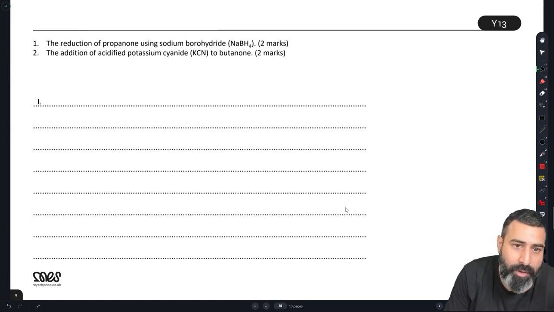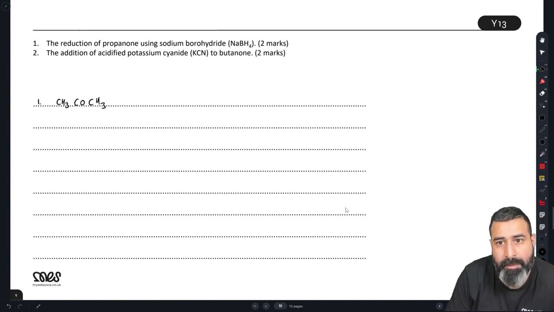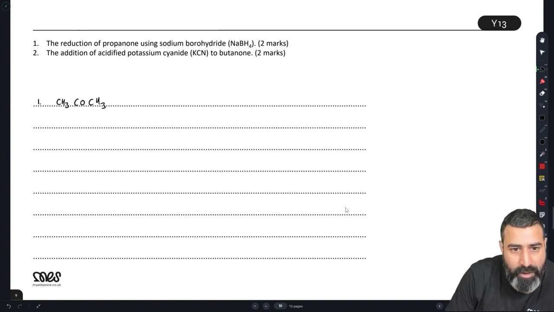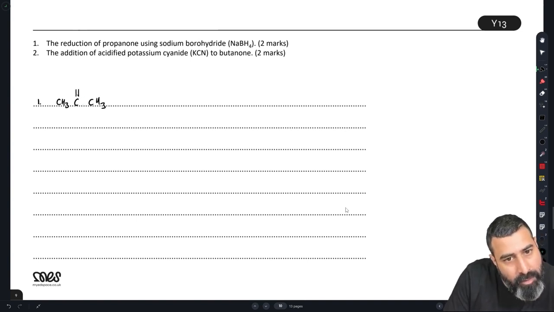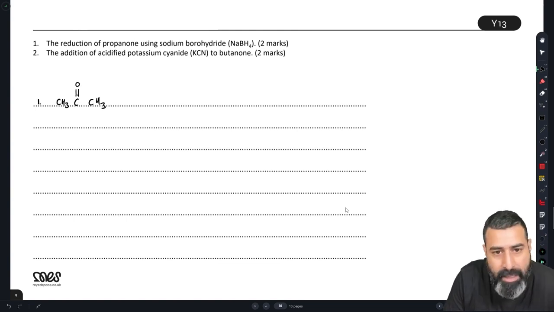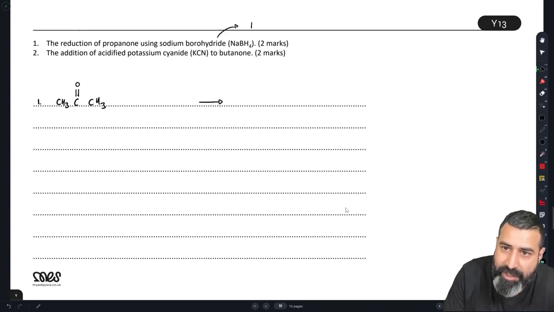So propanone, CH3COCH3. And what I'll do is, I'll do a mixture of displayed and condensed. So we're going from propanone and we're reducing it. The borohydride is a source of H- ions.